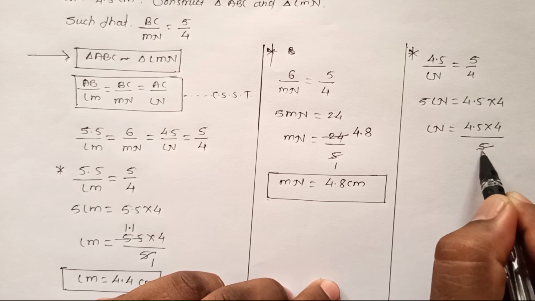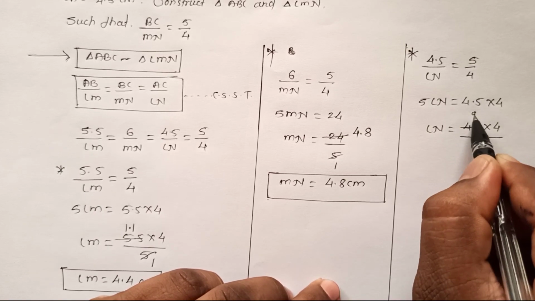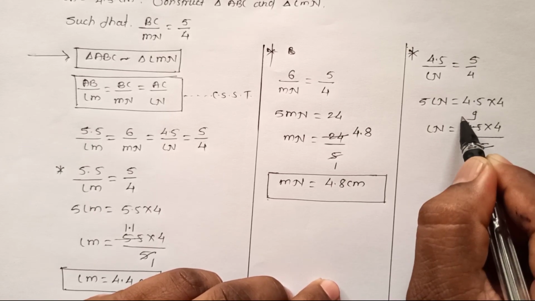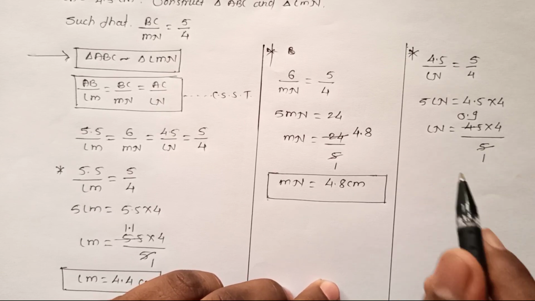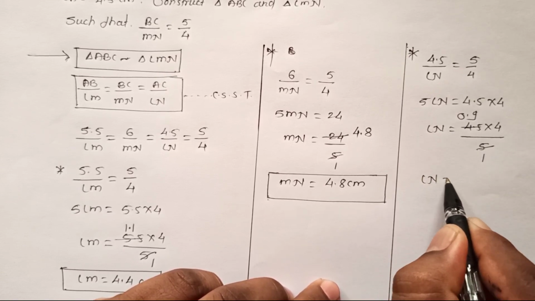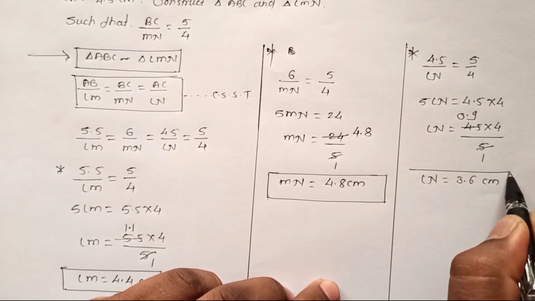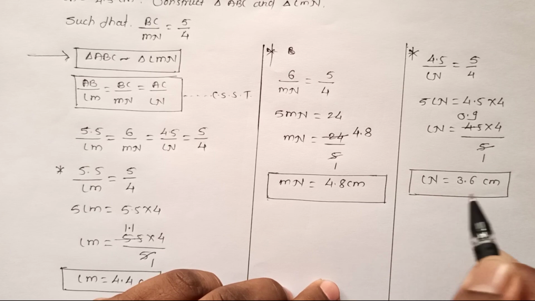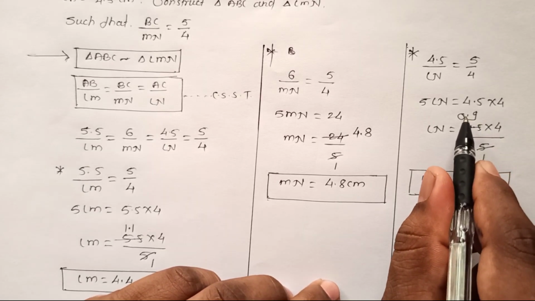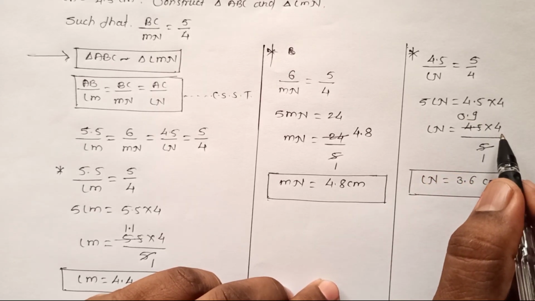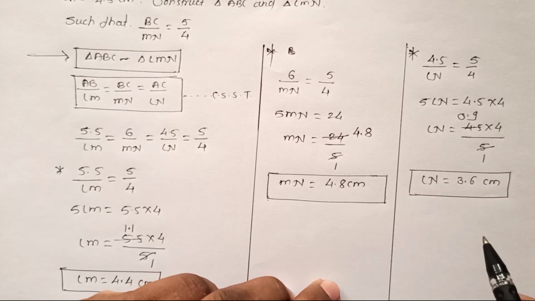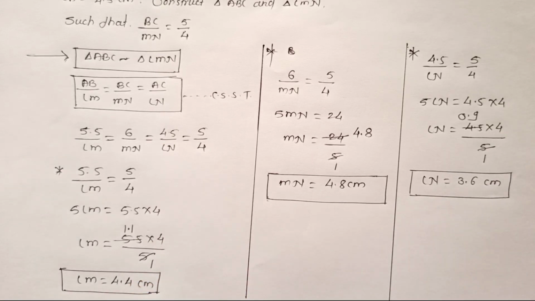Again 5 ones are 5, 5 nines are 45, but this is not 45, so the answer will be 0.9. This 0.9 into 4 will be 3.6 centimeter, so LN is equal to 3.6 centimeter. In this way we can easily find the three corresponding sides of the second triangle.